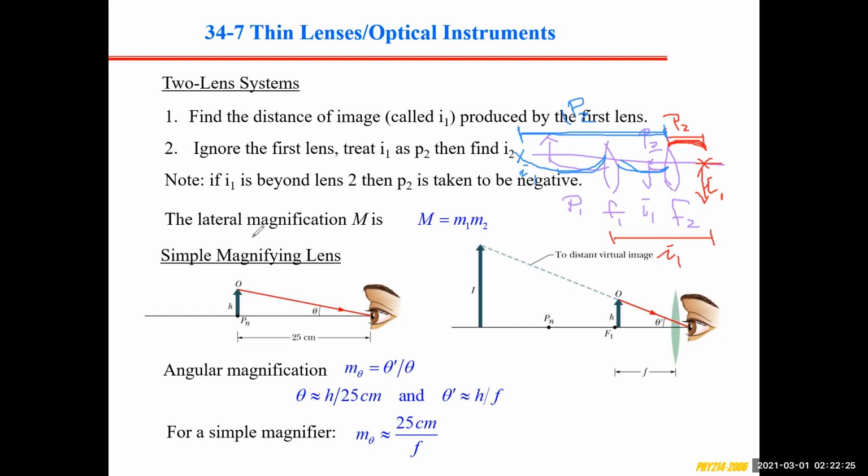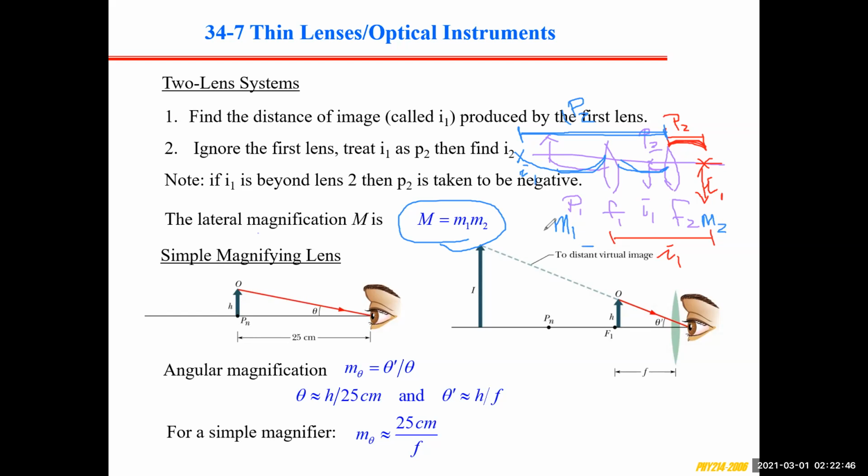And what about the magnification? Because this is a two lens system, you will use a combined magnification. For the first lens, you will use M1, which is negative I1 over P1, and then you have your M2, which is negative I2 over P2.